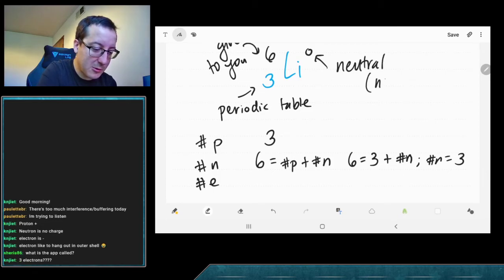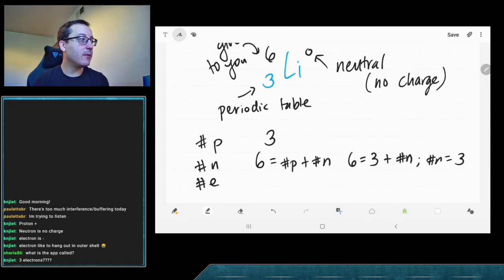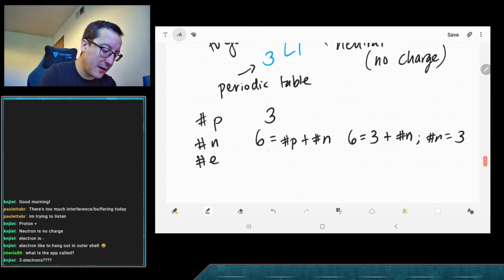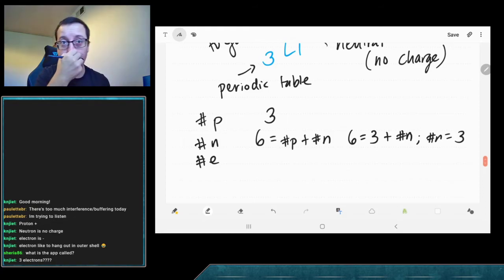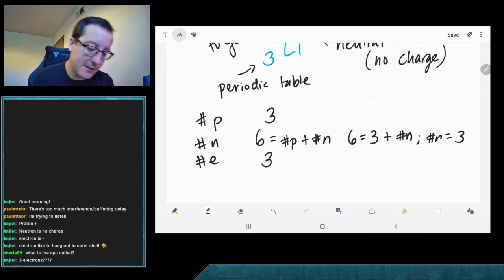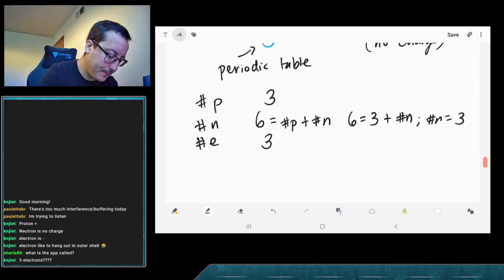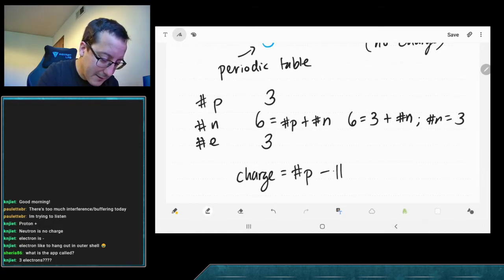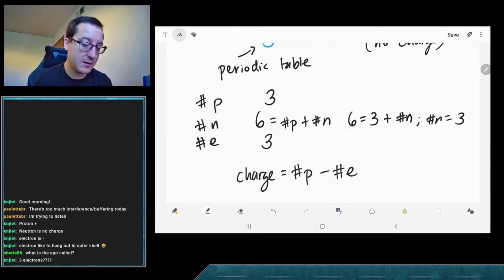And so, if the atom is overall neutral, which means no charge, then you have an equal number of positives as well as negatives. Because there's no charge, we have the same number of protons as we have electrons. So charge is going to be the number of protons minus the number of electrons.